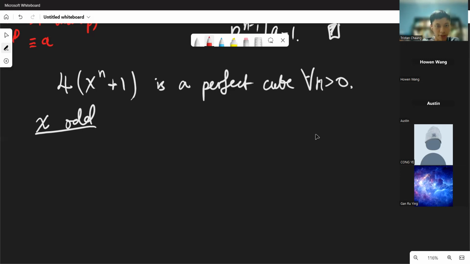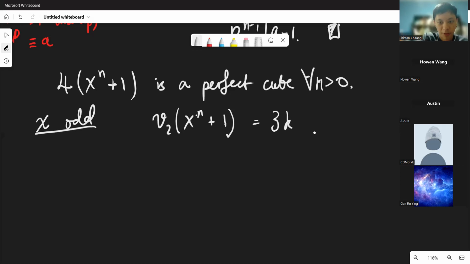Yeah, sure, we can look at V2. So that means V2 of x to the n plus 1 must be 3k plus 1, right? Must be a 1 mod 3 number, because there's a 2 to the 2 outside of the bracket.